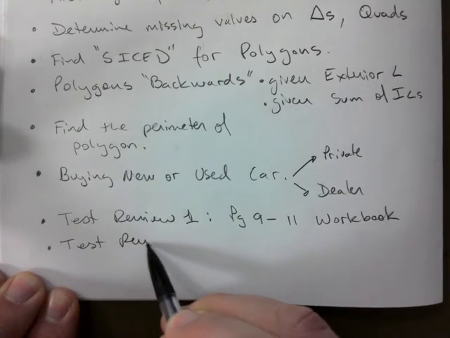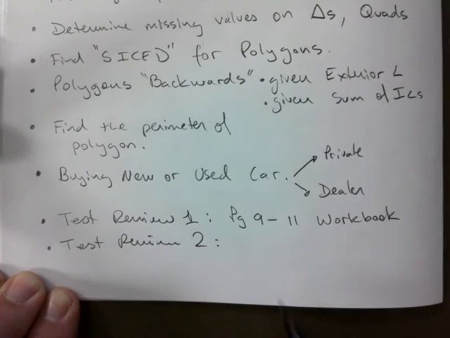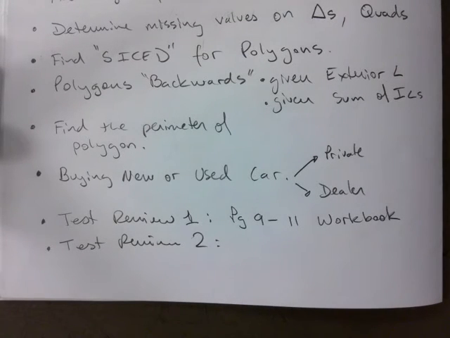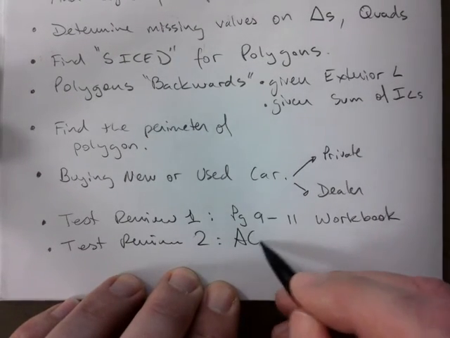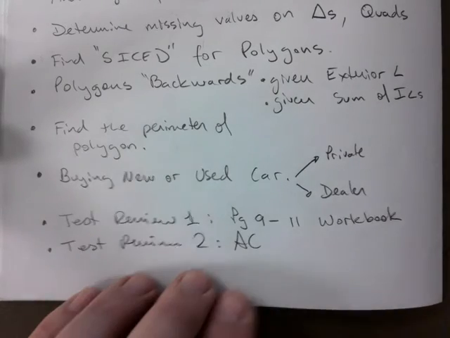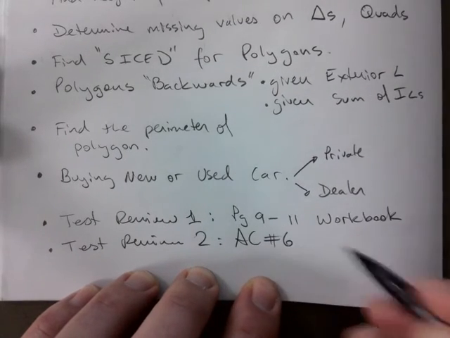Test review 2, I will give you an AC, which it's up to you if you want to do it. I think it's a good challenge. Okay, AC, I think it's number 6. AC number 6.